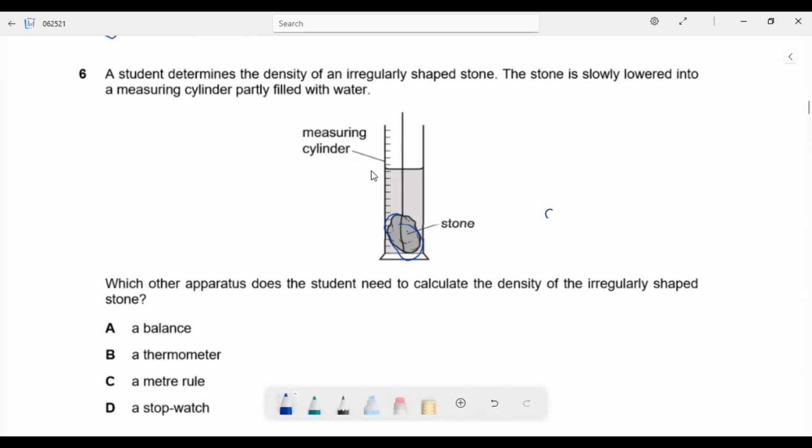For finding the density, this will be equal to mass by volume. Here we have calculated volume with the help of this measuring cylinder. Next, we need to calculate mass. For finding a mass, we need a balance. So the right answer is A, balance.